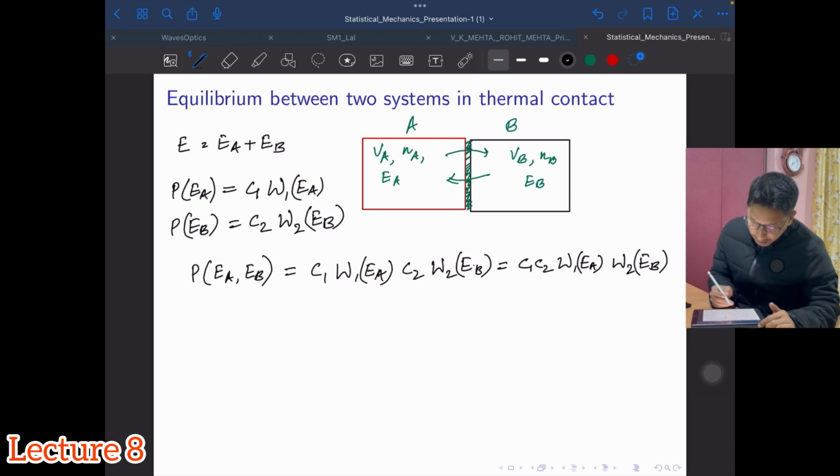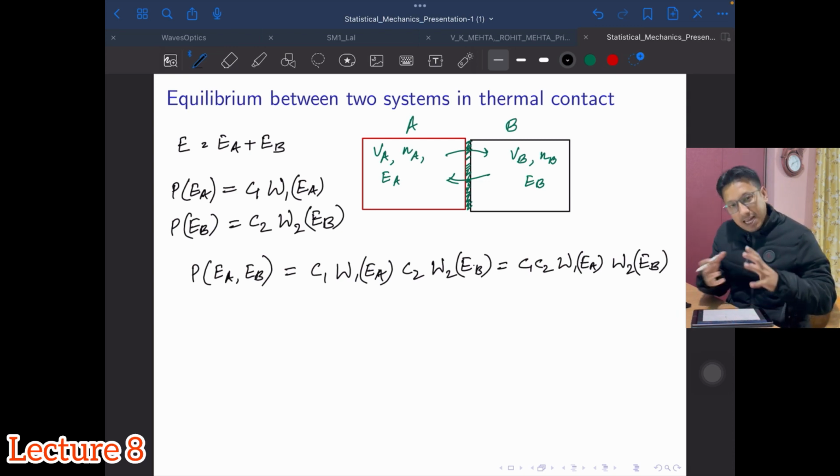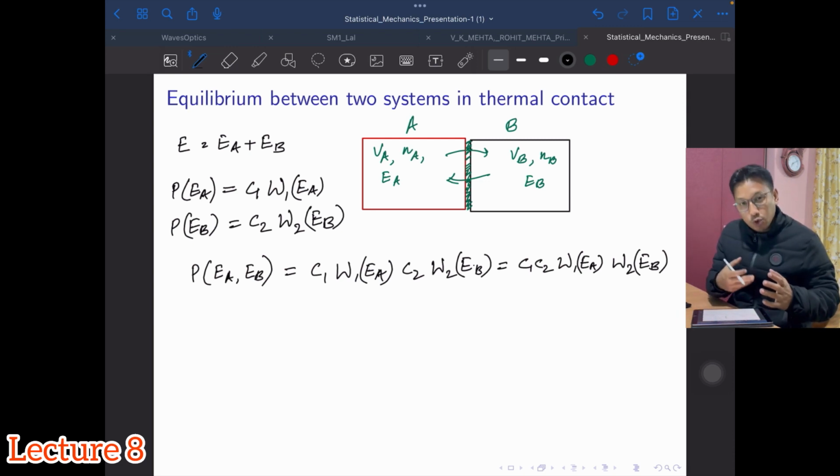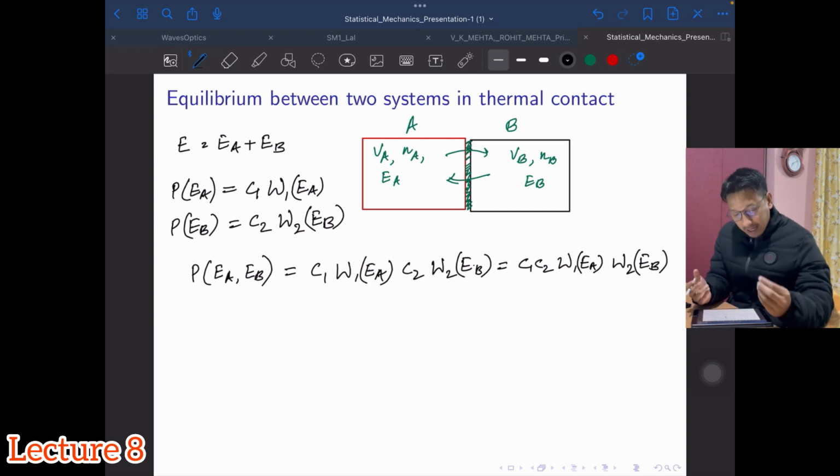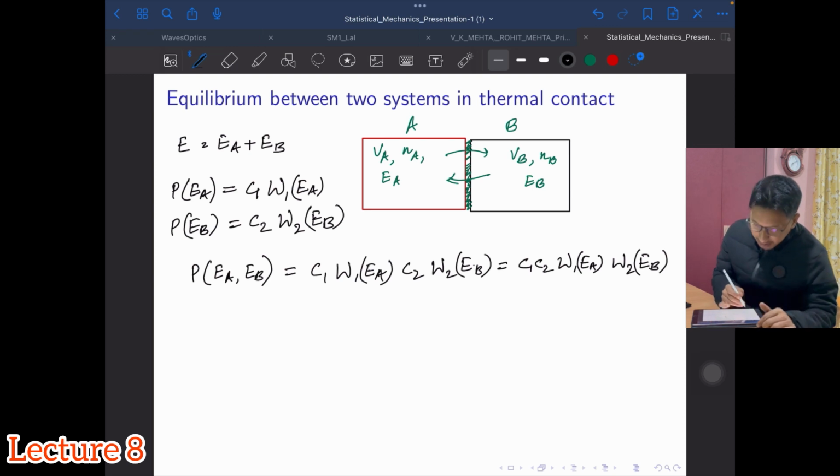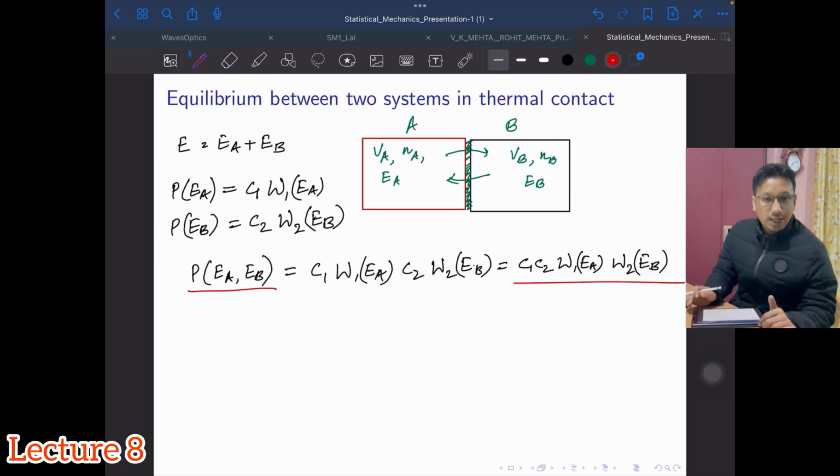So in equilibrium it will be that state which, as I said, is the most probable state, or the highest probability state. Okay, so that's what you have to do in this expression: we have to maximize the probability expression. Okay, so how do we achieve that? Before doing that, let us take the natural log on both sides of the expression.